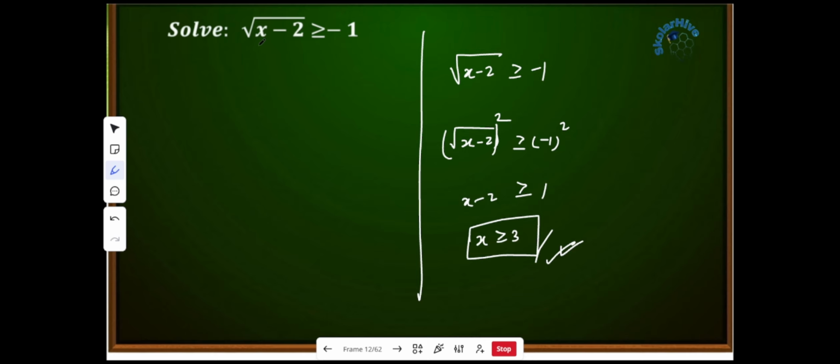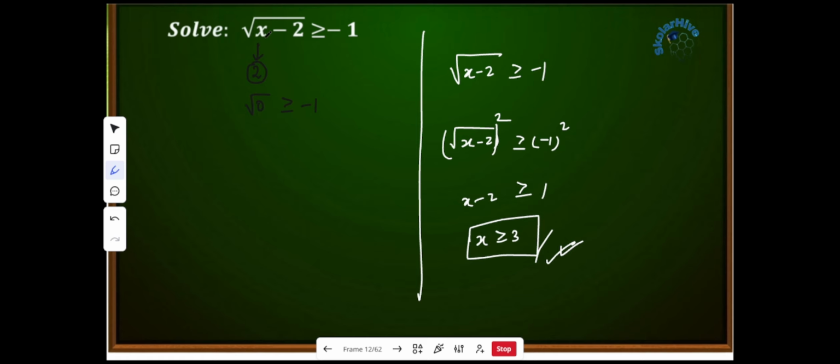If you think of x equal to 2, then this becomes 2 minus 2 is 0, so root 0 is 0, which is obviously greater than minus 1. So here we find the value of x to be 2, which makes this statement true. If you think of any number bigger than 2, let's say 2.5, then 2.5 minus 2 is also positive, and the square root of a positive number is positive.